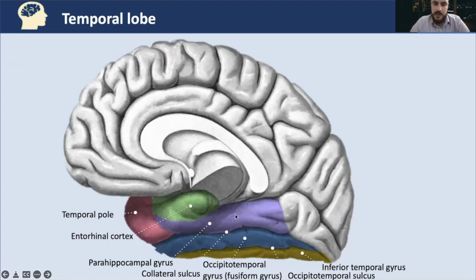What separates the parahippocampal gyrus from the occipitotemporal gyrus is the collateral sulcus. So this sulcus over here is called the collateral sulcus. And then what separates the occipitotemporal gyrus from the inferior temporal gyrus is the occipitotemporal sulcus. You have to keep this in mind. And then we have the temporal pole.